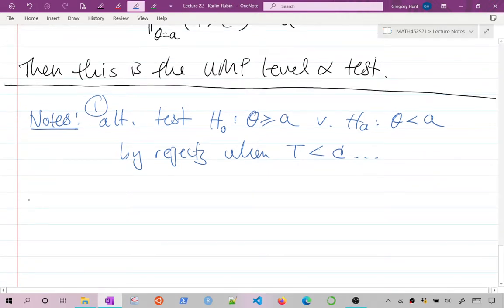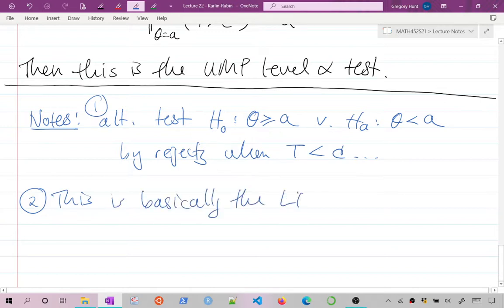My second note here is that this is basically the LRT. So just as in the Neyman and Pearson case, when we did the simple hypothesis, the LRT was the UMP level alpha test. For the one-sided composite hypothesis, it's also going to be the LRT is also the UMP level alpha test.